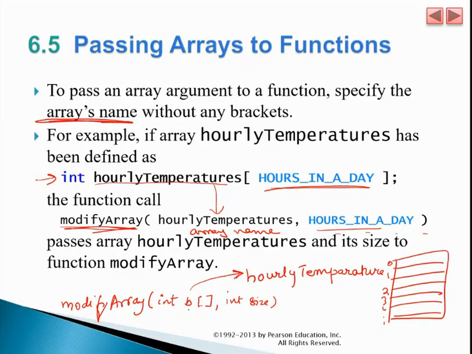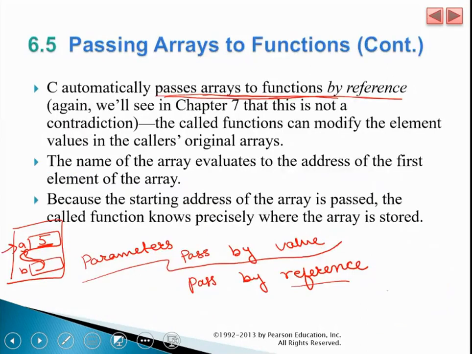If you make any changes in b, it will actually reflect here. So by default, an array is passed by reference. You are actually sending the address where the array is stored.